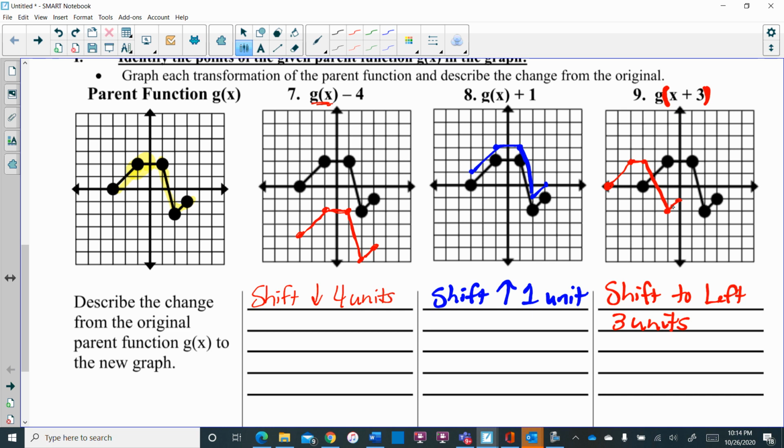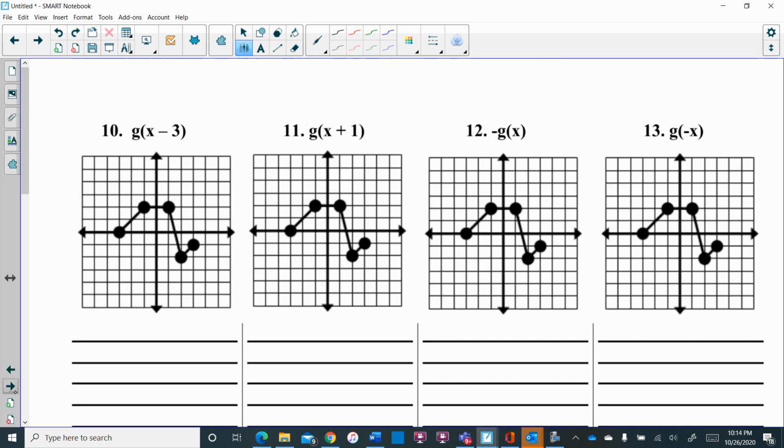That pretty much explains the beginning: section 1, graphing the transformation and describing it in words in relation to the parent function. When you get to this page, it's a continuation. Make sure you understand when it's a horizontal shift, left or right, versus up or down, a vertical shift. And don't forget, anytime I see a negative right here, that's indicating a reflection.